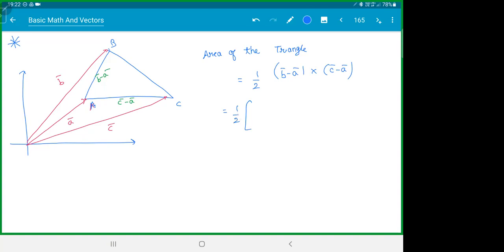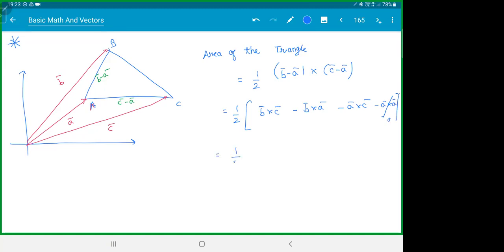If I cross multiply this, that will be B bar cross C bar, minus B bar cross A bar, minus A bar cross C bar, and minus A cross A bar, which will be 0 anyway.